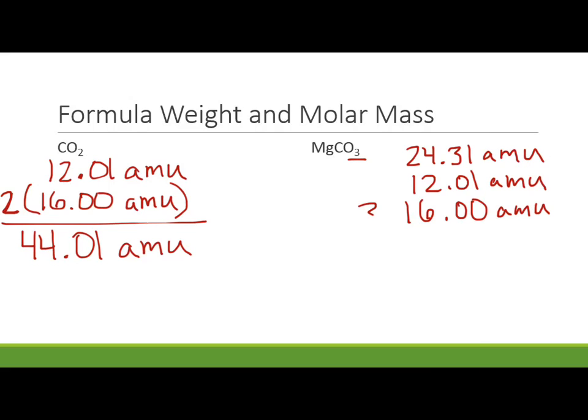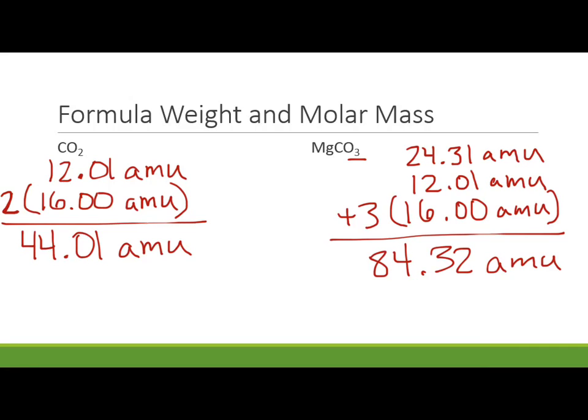So 3 times that, and we just need to add this whole thing up. So we've got 24.31 plus 12.01 plus 3 times 16. So that's 84.32 AMUs, or atomic mass units.